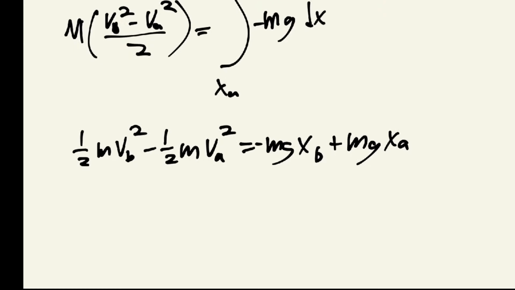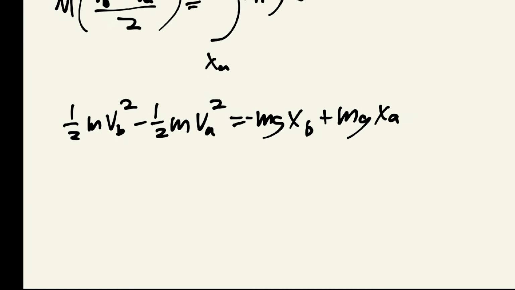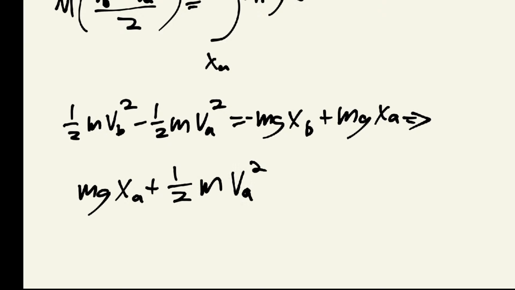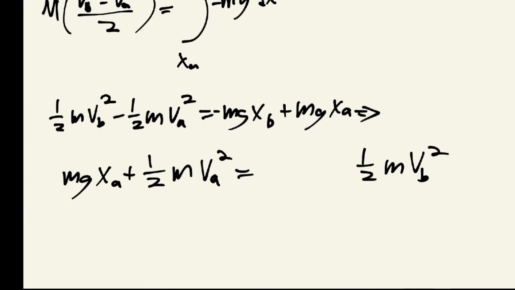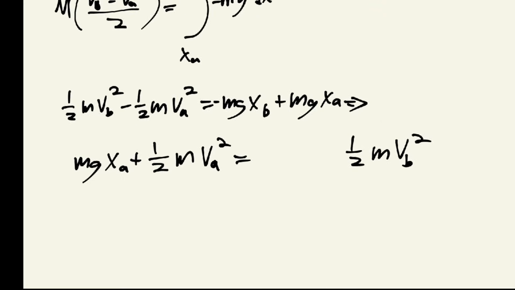And so using this idea, we could say that let's get all the A's and all the B's on one side. So we have mg x sub a plus 1 over 2 mv sub a squared equals 1 over 2 mv sub b squared, plus mg x sub b.